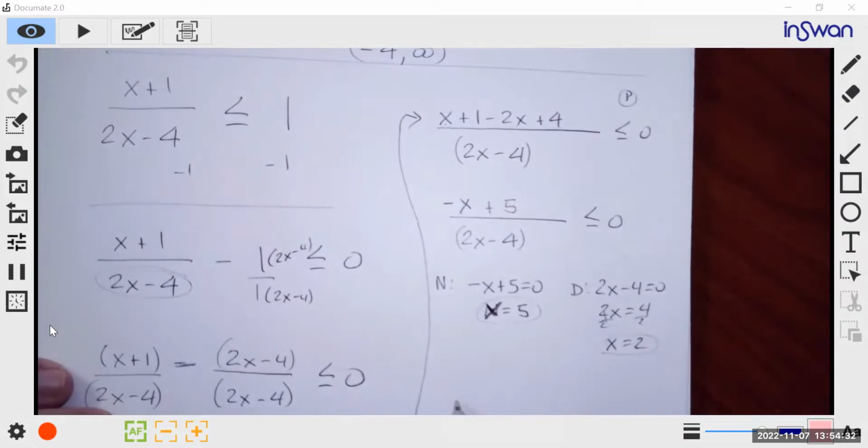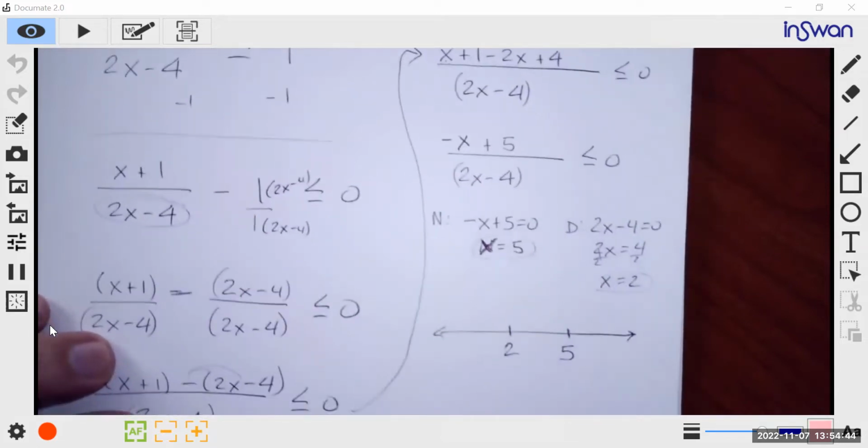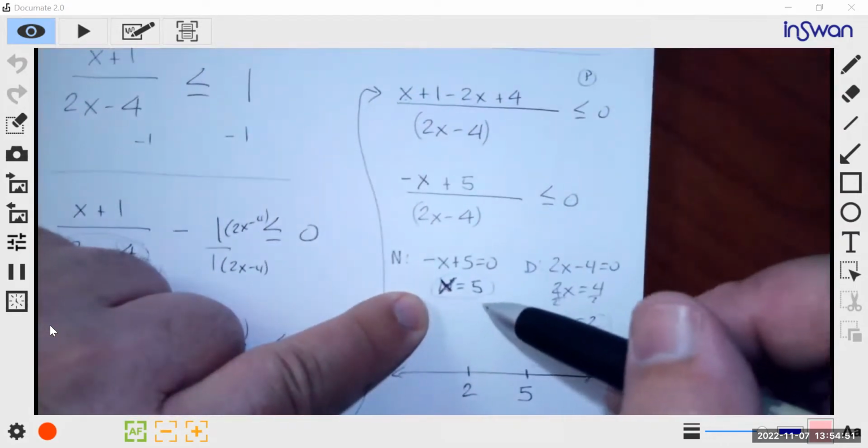Now, what do we do with those guys? Those are my critical values. The numerator: can it equal 0?